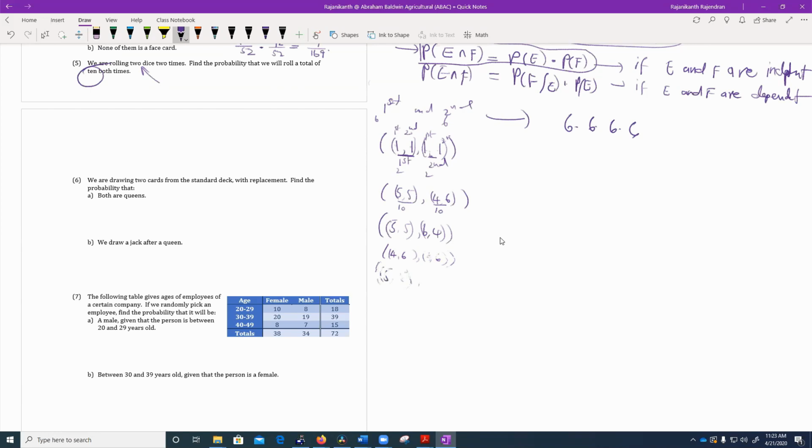This is also possible. And 4, 6, 6, 4 is possible. And 4, 6, 5, 5 is possible. What else? 6, 4, 6, 4 is possible. And 6, 4, 4, 6 is possible. And the last one, 6, 4, 5, 5.